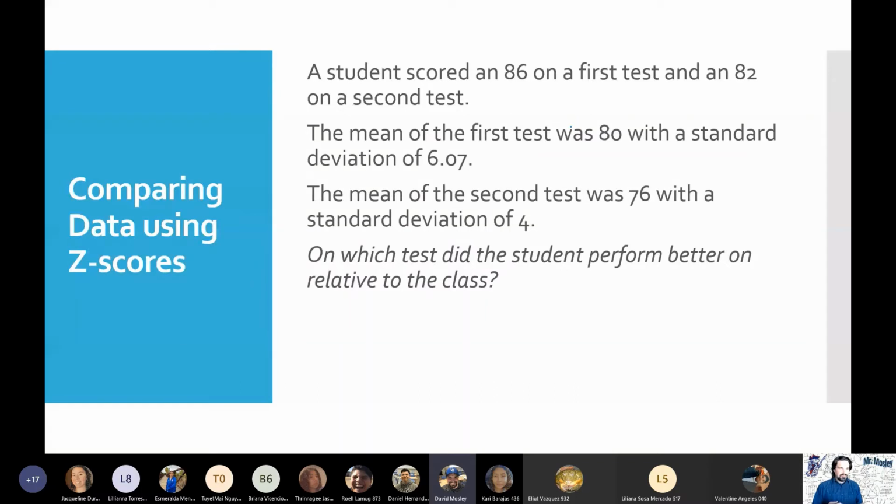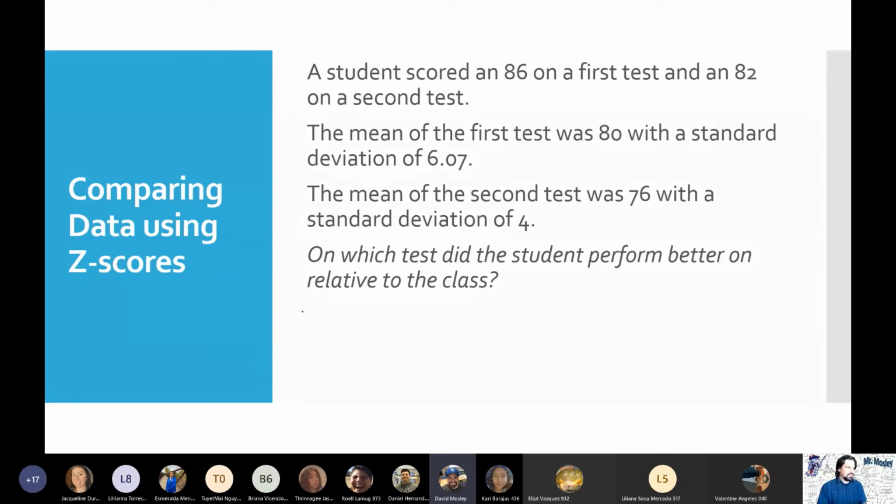Based on the mean or the average score on the test, it would seem as though the second test was more difficult than the first test, because the second test had a lower mean and a lower standard deviation. So we're going to calculate our z-scores and see, compared to the rest of the class, did this student do better on the first or second test?